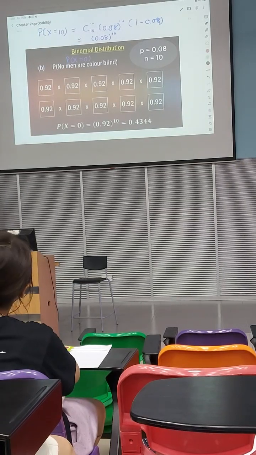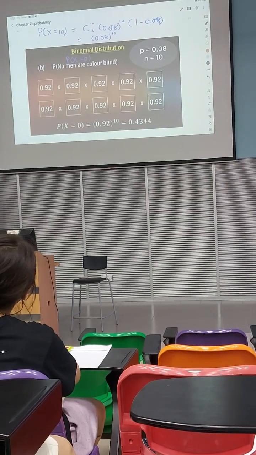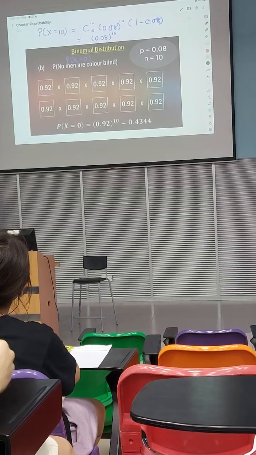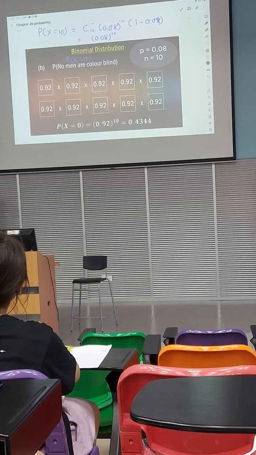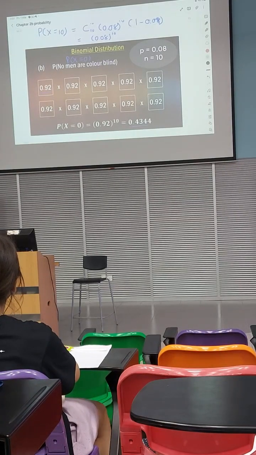Okay, so in this diagram, of course, no men. Why 0.92? Because 1 minus 0.08. So all are good. Then 0.92 to the power of 10, you get 0.4344.